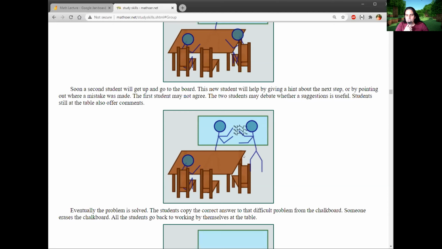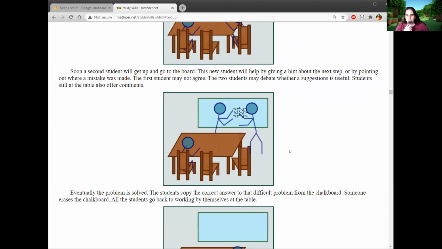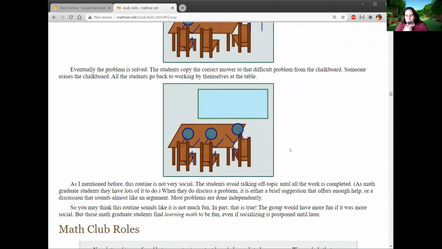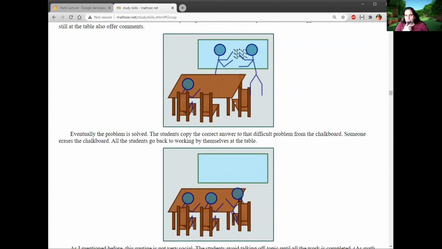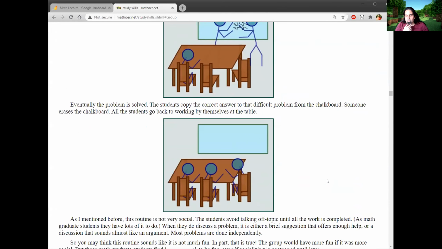And when I say argue, I mean, it sounds like arguing. My wife, who grew up in a very no conflict household, not allowed to raise your voice, couldn't stand visiting me in grad school. But eventually they'll figure out where the problem is, and then they all sit down and ignore each other and work again until someone gets stuck on a new problem.